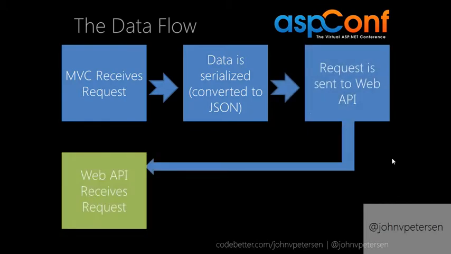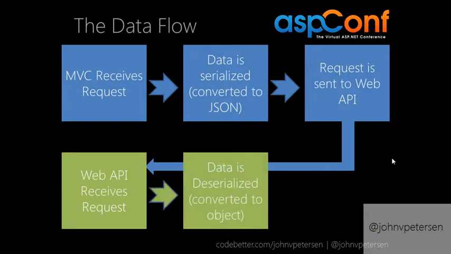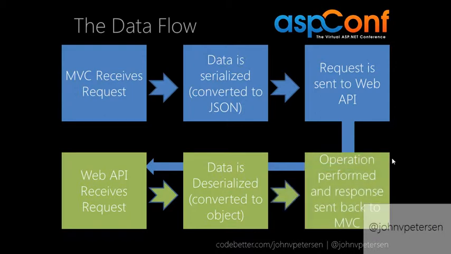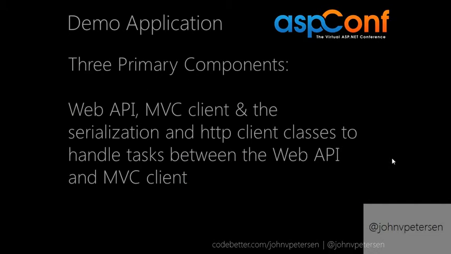Now, once the Web API receives that request, it then deserializes it, converts it to an object. Same object that was over on the MVC side, but we're completely disconnected now, in another portion of our application environment. And then some operation is performed, and then the response is sent back to MVC, which you'll get to see in a moment.